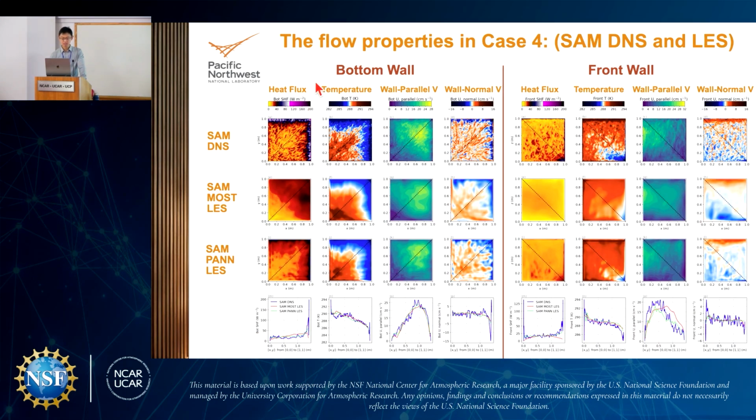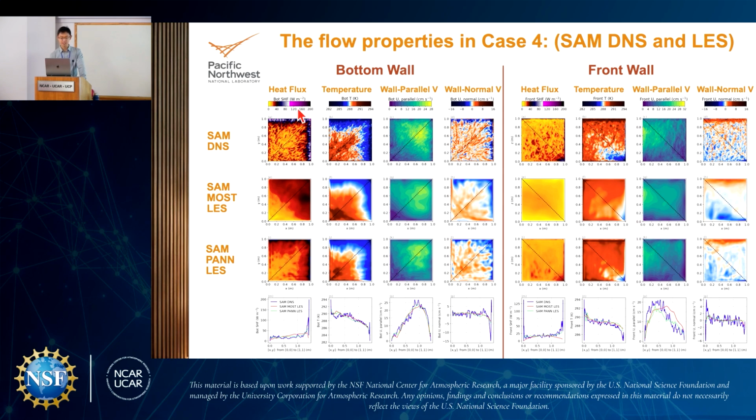And if we want to look at the local distribution of the flow properties, we can use case 4 because the large-scale circulation in case 4 is fixed, controlled by the sidewall. Here I show three models: SAM DNS, SAM LES with MOST wall model, and SAM LES with physics-aware neural network wall model. The left half is for the bottom wall, the right half is for the front wall.